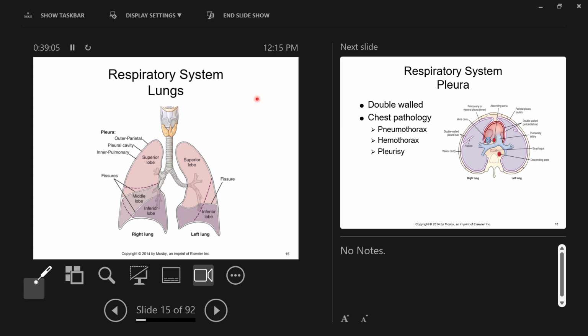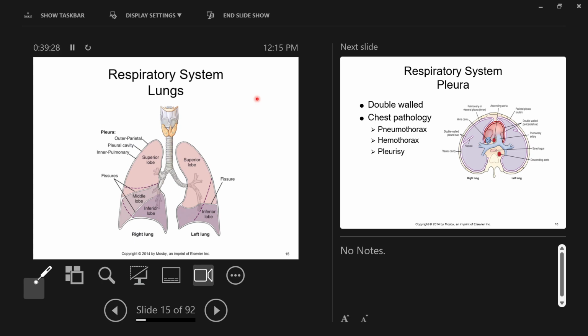Now I said what they were earlier, but somebody else, what are these little tips? What are the names for these little tips at the bottom? Costophrenic angles, okay? We also have cardiophrenic angles, which are these ones, close to the heart. So these little pointy ends, cardiophrenic, towards the heart.